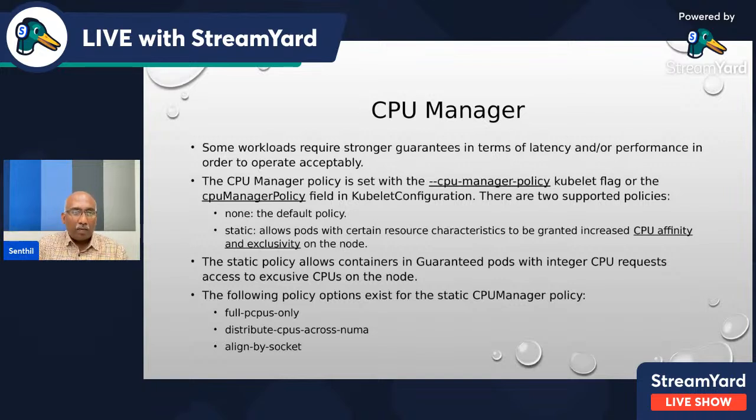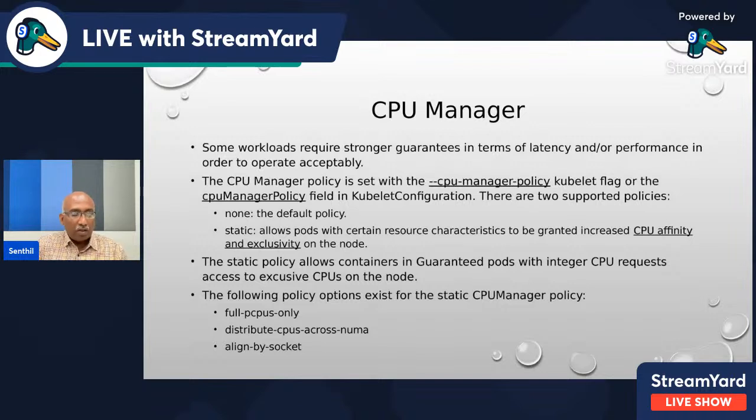The policy options that exist for the static CPU manager: you can have three different policy options. The first one is full pCPUs only, which means a physical core, which means the container will be allocated a complete physical core.